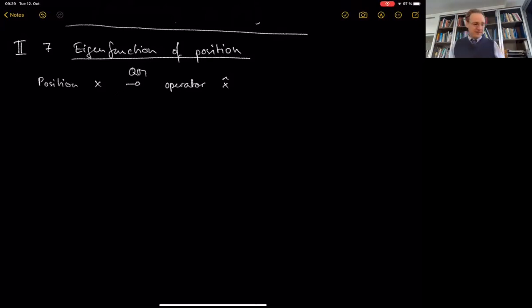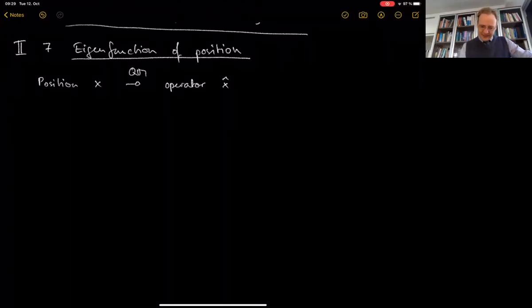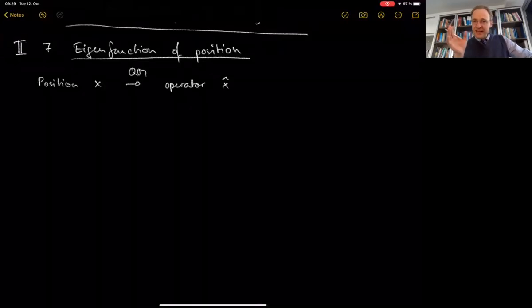All right, so let's use this operator. In this case we know the eigenvalue. The eigenvalue should be the x, the position. That's what we know. And we're going to sort of reverse engineer the operator and the eigenfunctions.